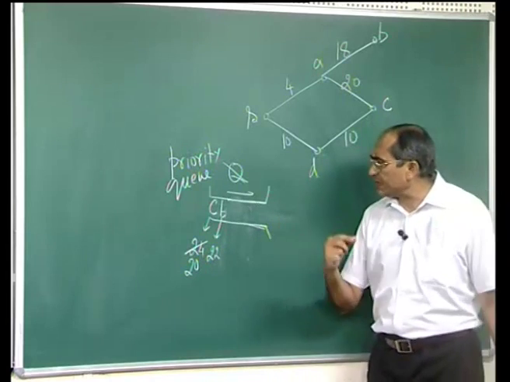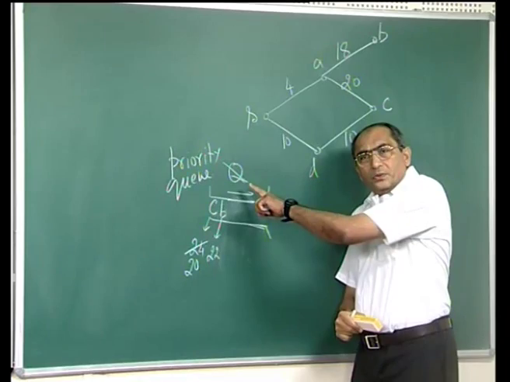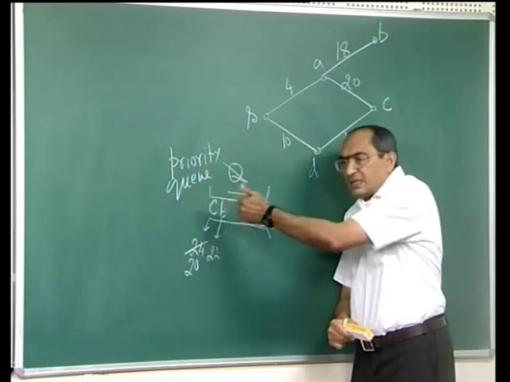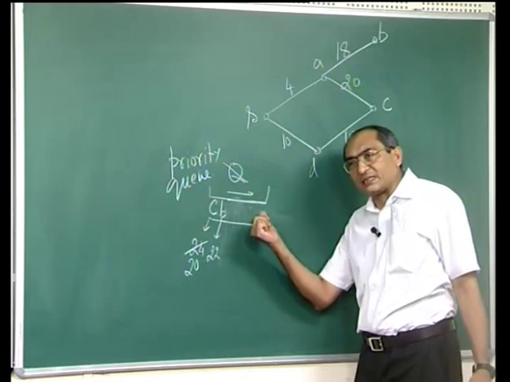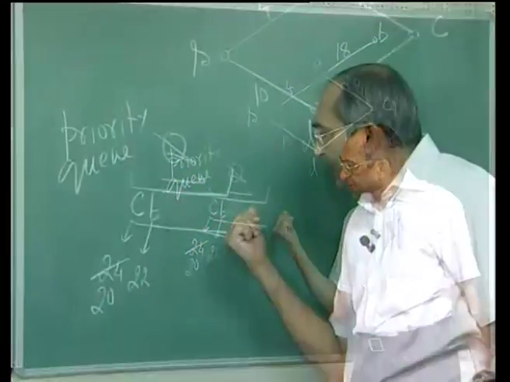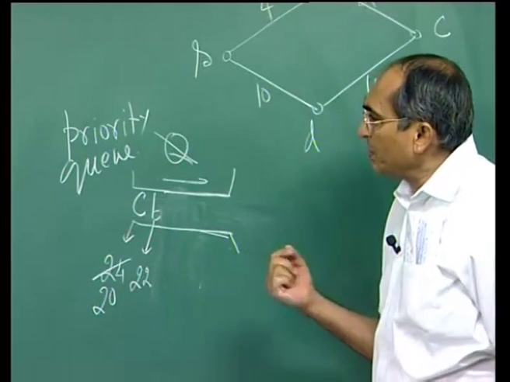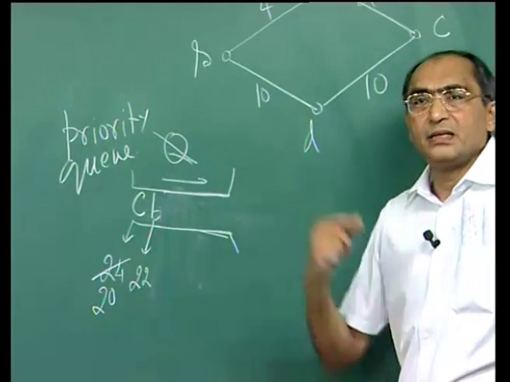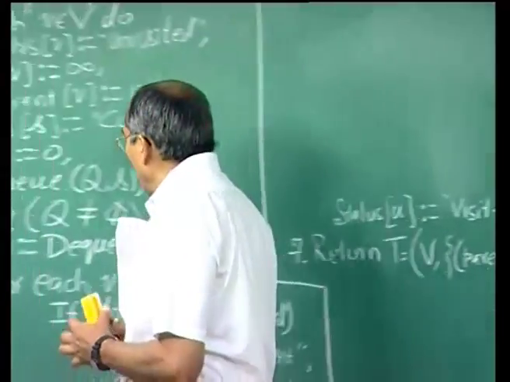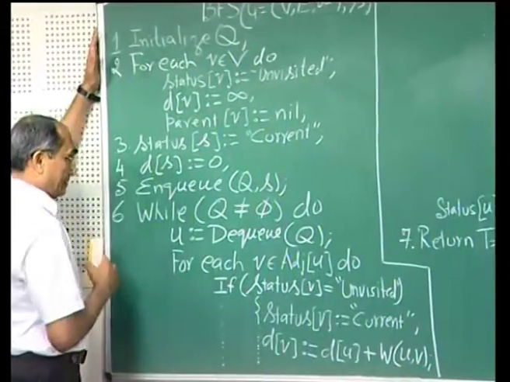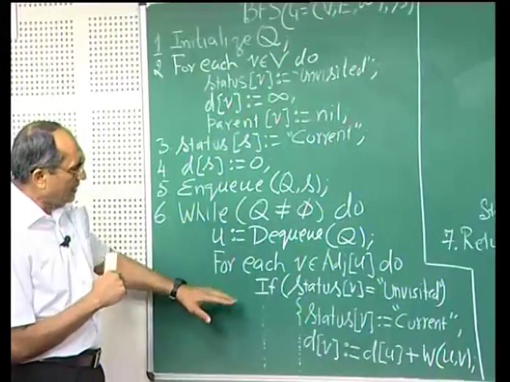This is a data structure in which we in normal sense insert a new element, but every time when we extract an element, we extract the element with the least d value. Okay, so let us do these changes in the algorithm. So, here I have the old algorithm as it was stated in the last lecture.